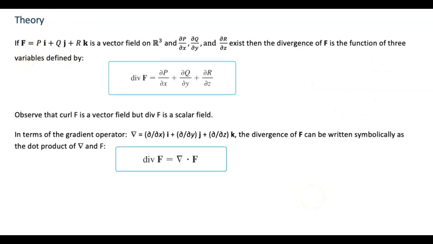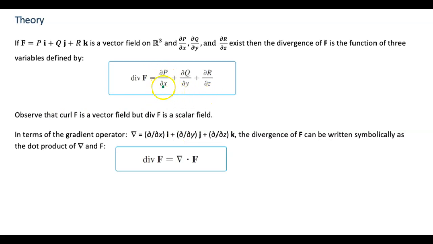So if this function f, which we said is a vector field, has 3 dimensions, and all of these partial derivatives exist, then the divergence is a function of 3 variables defined by divergence of f is just the partial of p with respect to x plus the partial of q with respect to y plus the partial of r with respect to z. Notice what happens here.